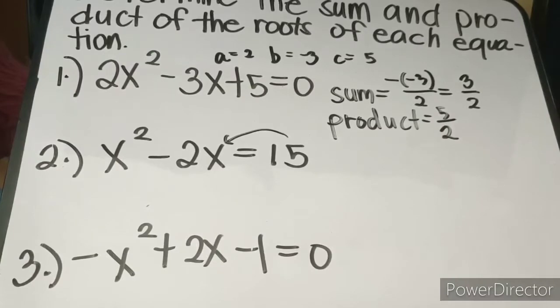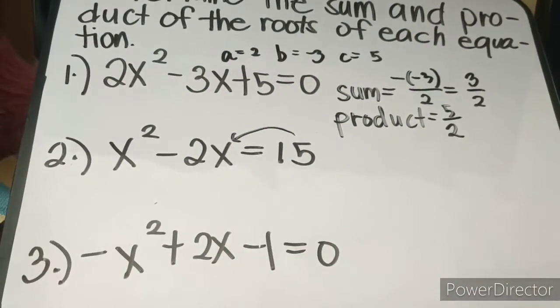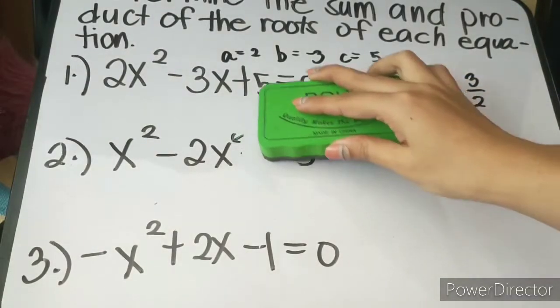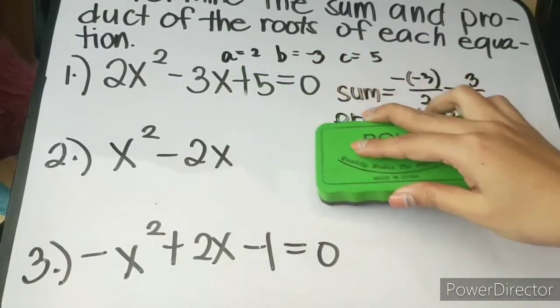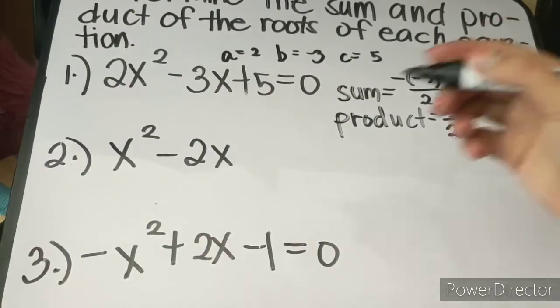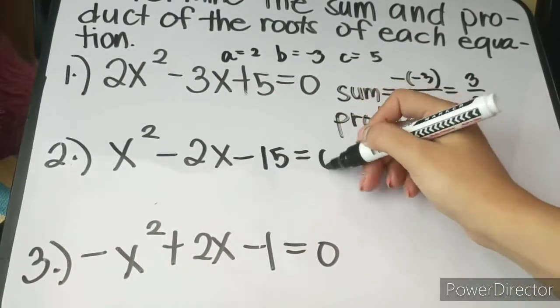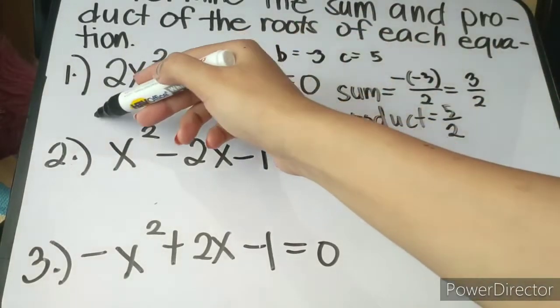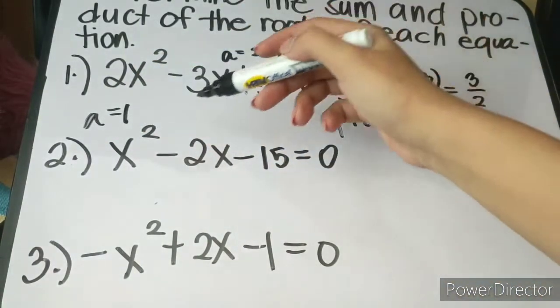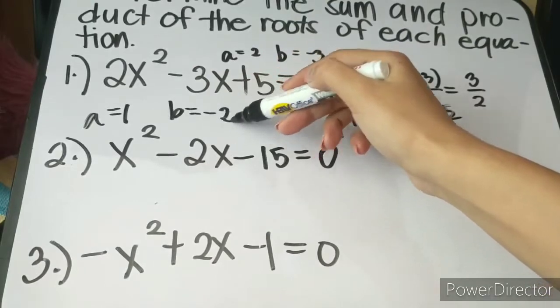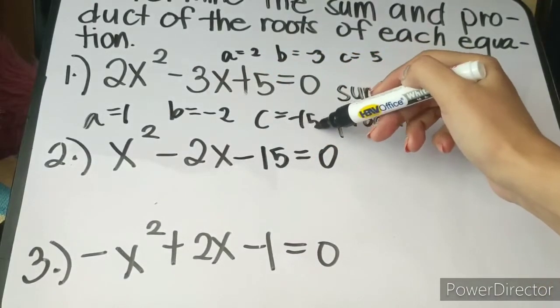Now let's proceed to number 2. Like I said, transpose natin. So, ang gawin na lang natin ay negative, kasi positive kanina, so magiging negative 15 is equals to 0. So, identify natin yung a dito na lang sa taas. A is 1, b is negative 2, c is negative 15.